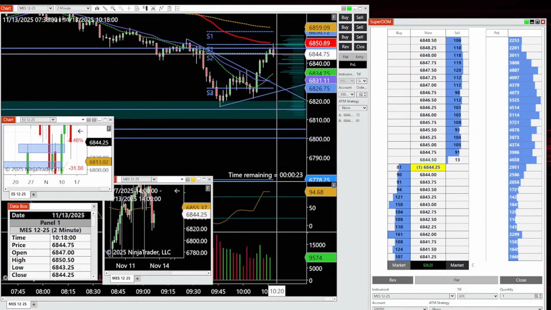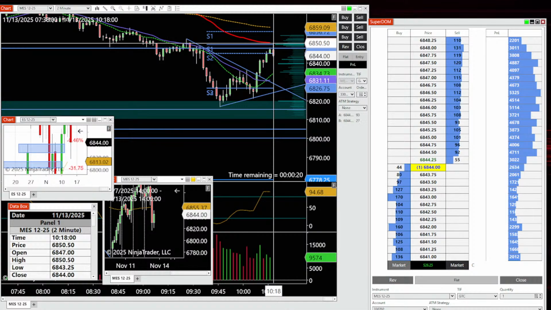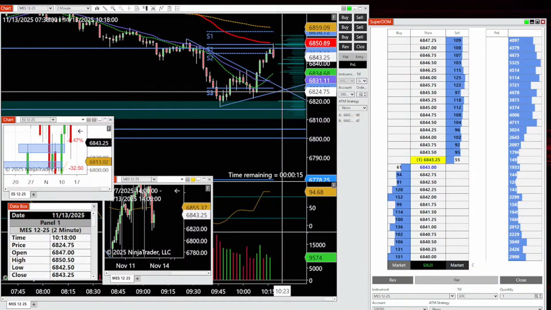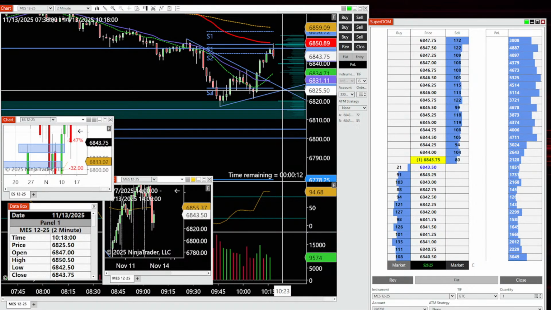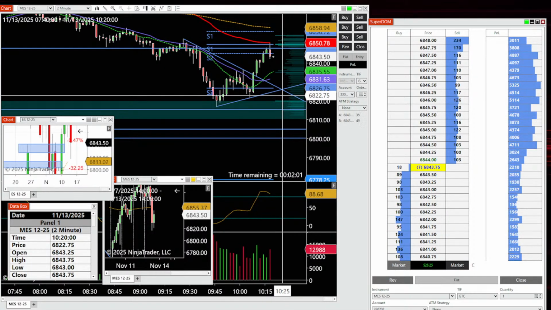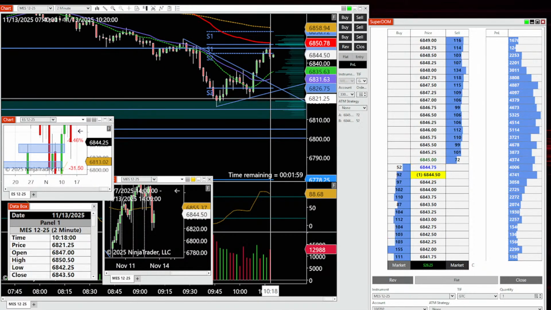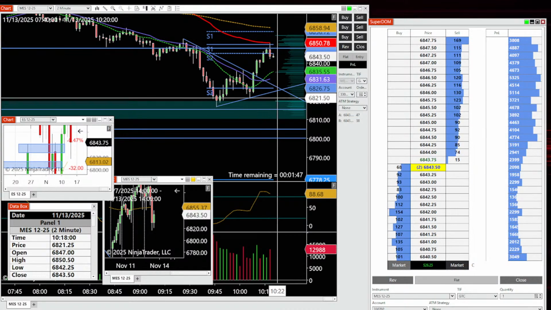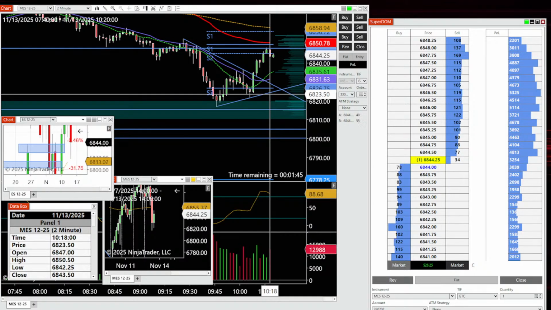This engulfing bar off the VWAP is a nice setup. See if price can make a move up or if this is the high.